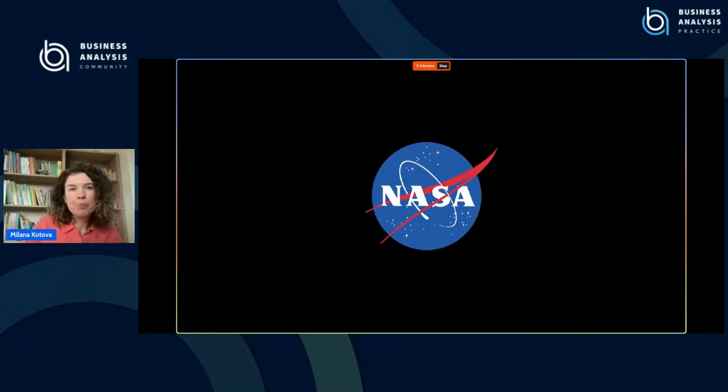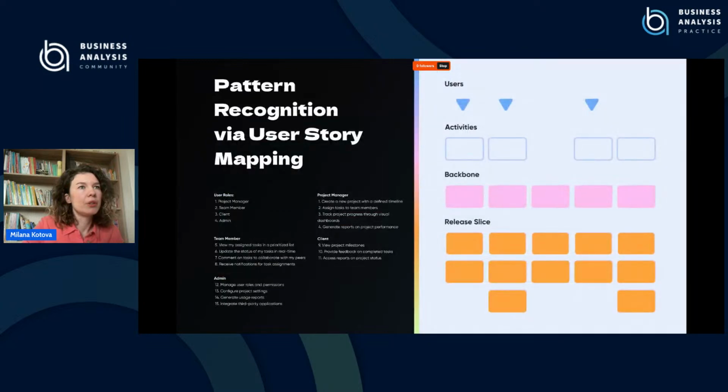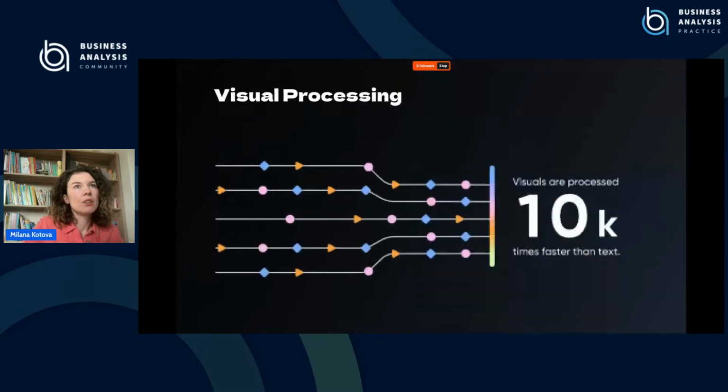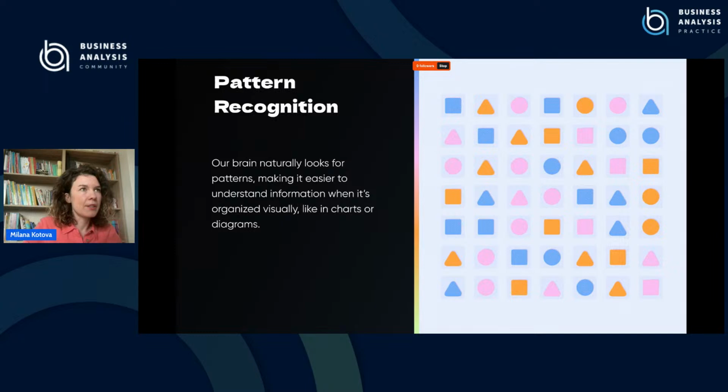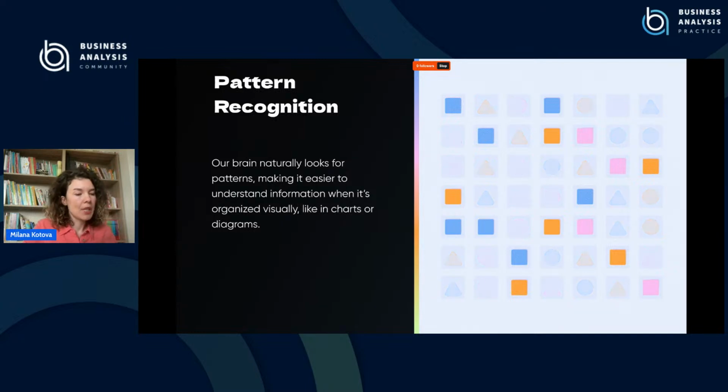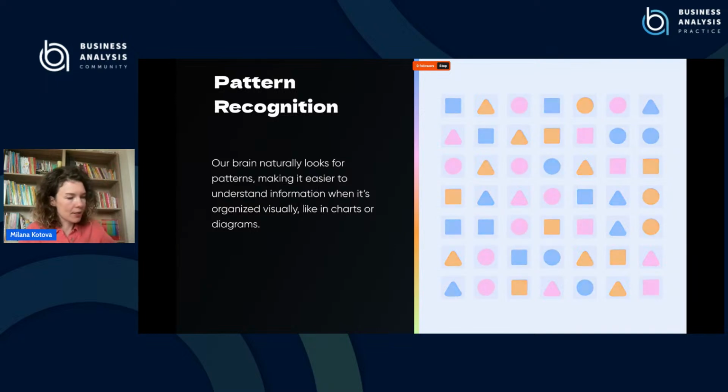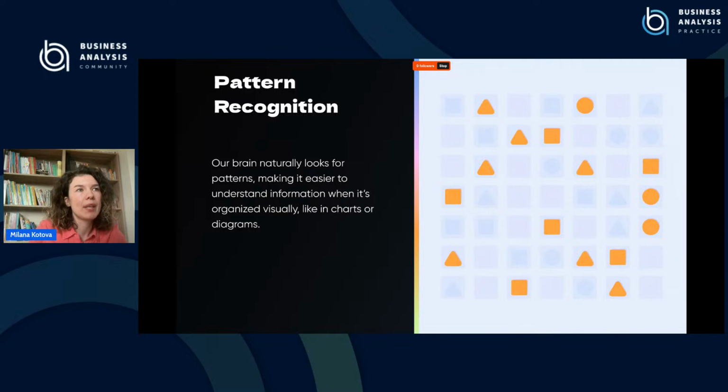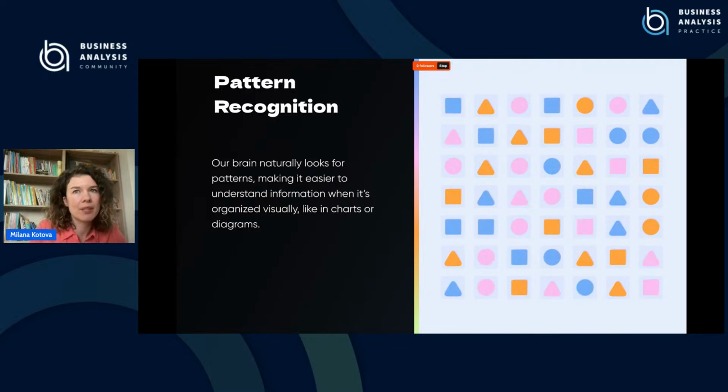So let's go back a bit to the ability of our brain to understand. There are several tips on how we can make it easier, also based on this innate ability of our brain to comprehend information.